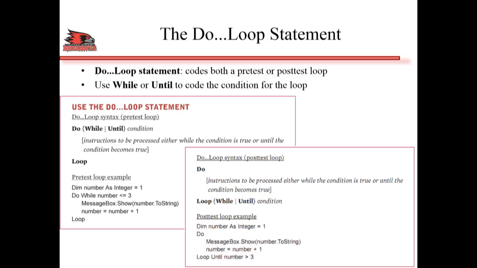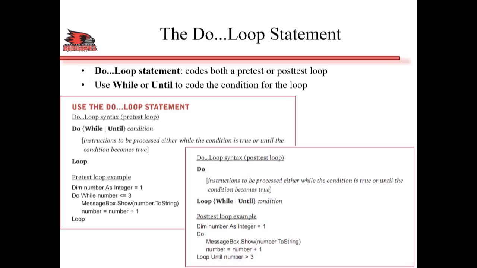Now in the post-test loop, you see that the condition is at the end of the loop. So it's loop until number greater than 3. Even if the number does not meet the condition, the set of instructions, like the message box and the number increment, do happen at least once.